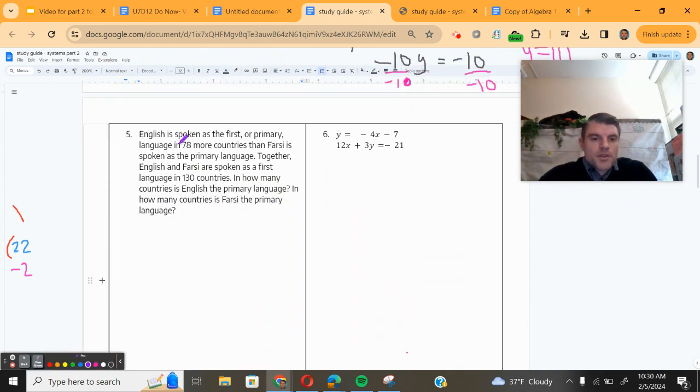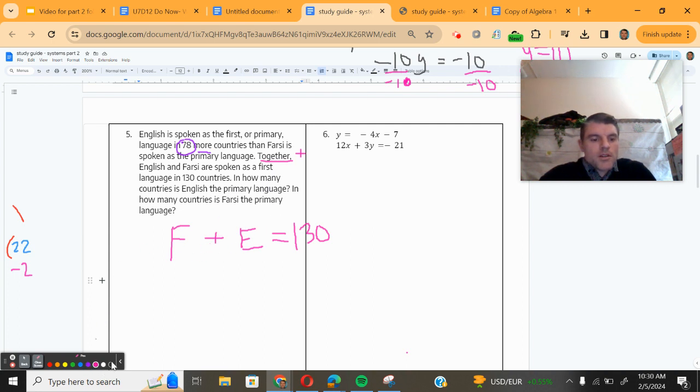All right, the numbers they're using here are 78, more. We're using F and E. Together, which means addition. These languages are spoken in 130, so I can just say F plus E is 130.